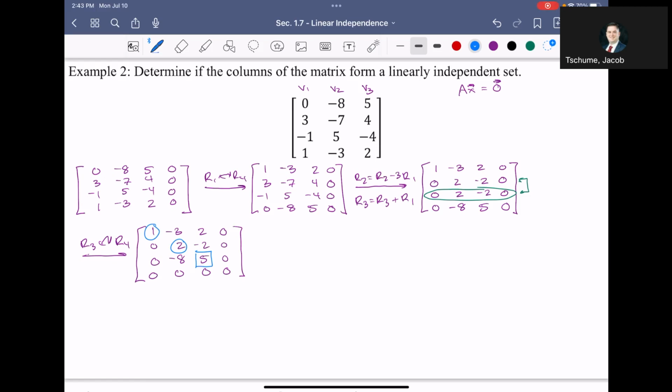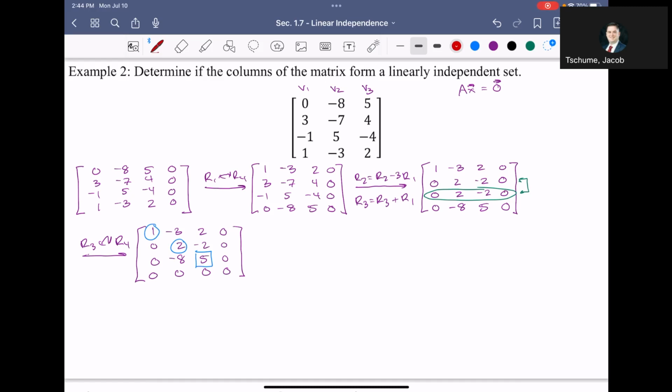So here is the trick to this now. The question is, do the columns form a linearly independent set? When you look at this, I always have somebody say no because there is a free variable. But that is where this can get tricky. There is actually not a free variable in this problem. Because if you go back up to the original problem, there are 3 vectors.